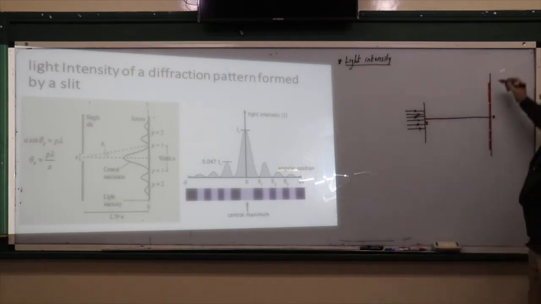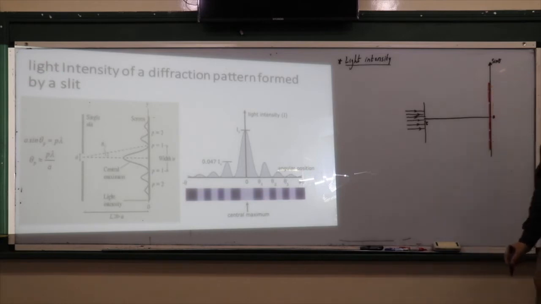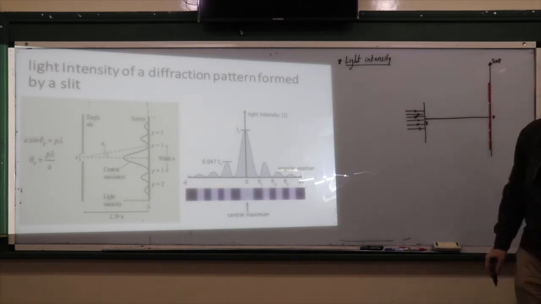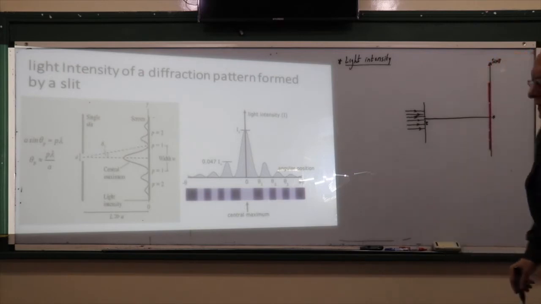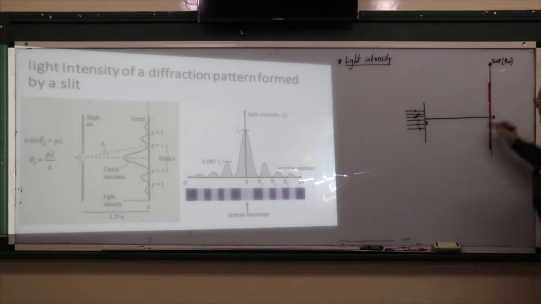As we said previously, I considered this as sine theta axis for any angle, whether small or large. But for small angles, since sine theta is approximately equal to theta in radian, I can consider this also as theta in radian axis, so that I can define the position of the dark fringes.